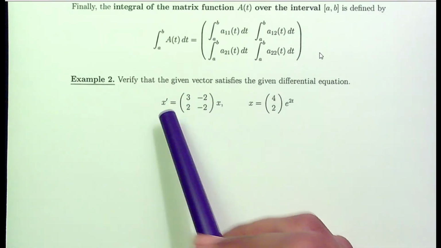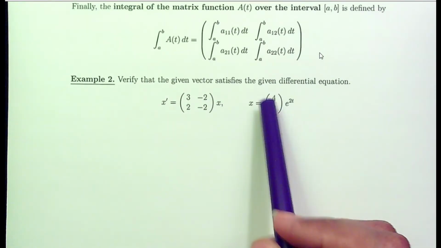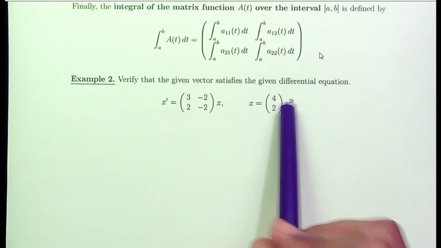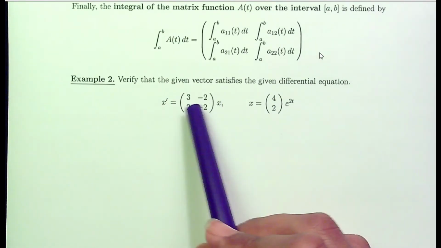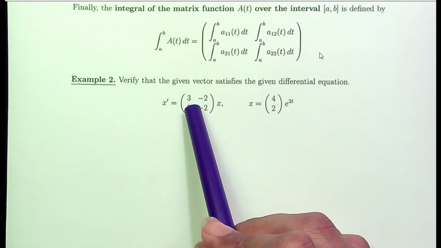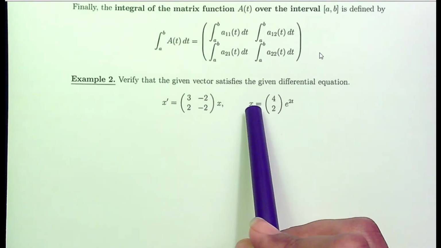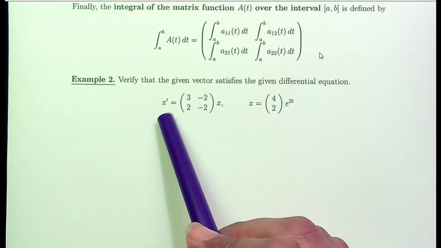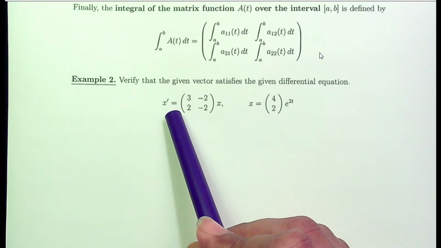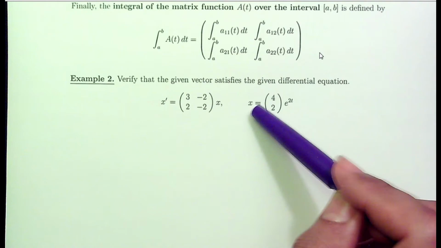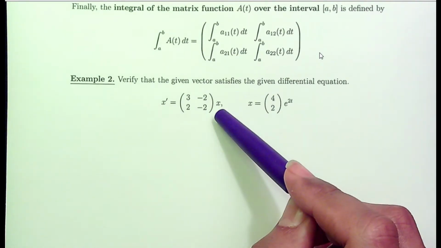Right, but anyway, so you have this differential equation. The question is, show that this vector is a solution of this differential equation right here. So this x is a solution of this differential equation. This is just a matter of checking that when you use this x and you plug it in there, this works, right?